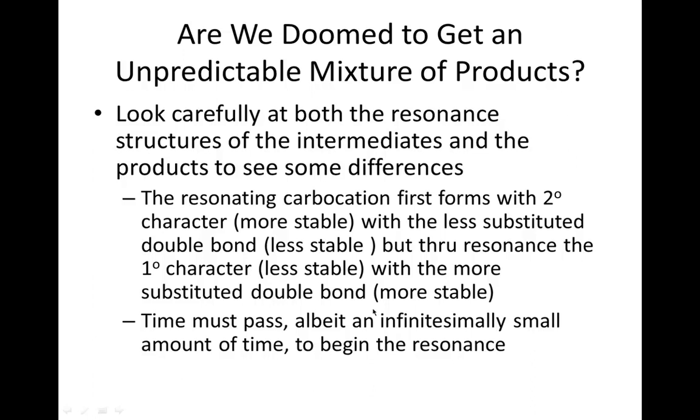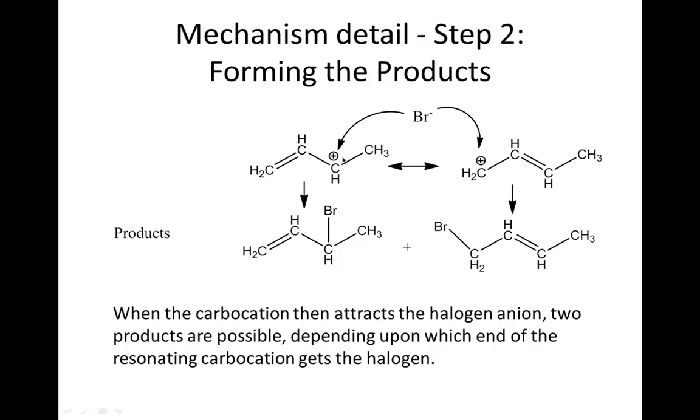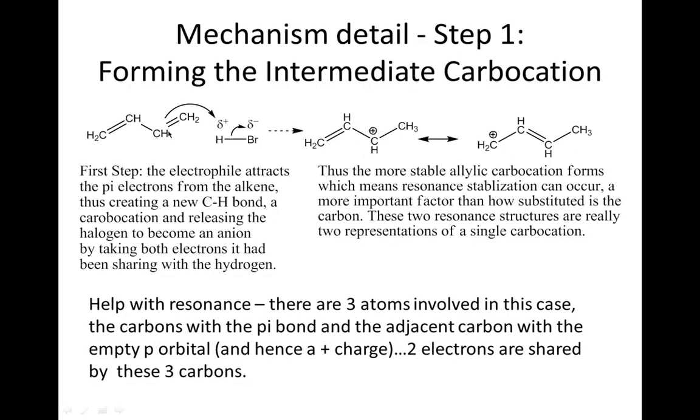And so it turns out that if you think about it, the first one to form, let's go back again, this is the first carbocation that forms. When you first start this reaction, you get this guy. So the hydrogen goes to the less substituted carbon, and because of symmetry, we can't tell the difference between the two ends.